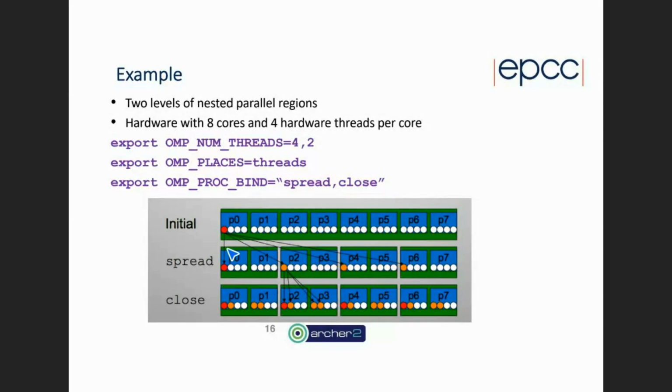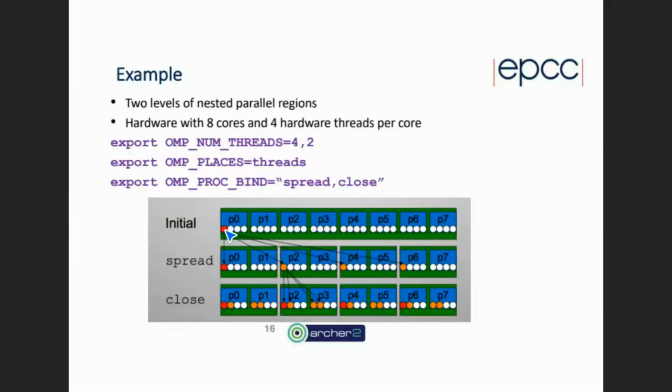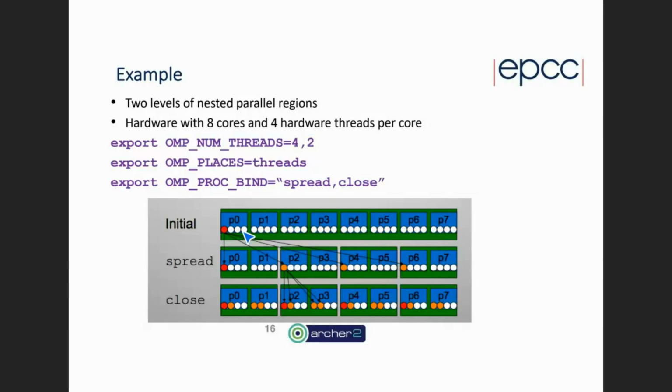Essentially, what will happen is that the original master thread is going to run on... So here we've got our 8 cores as the blue squares, and each of the white dots represents a hardware thread. We've got 4 hardware threads per core. The original master thread, the initial thread, is going to be bound to thread 0 on core 0.